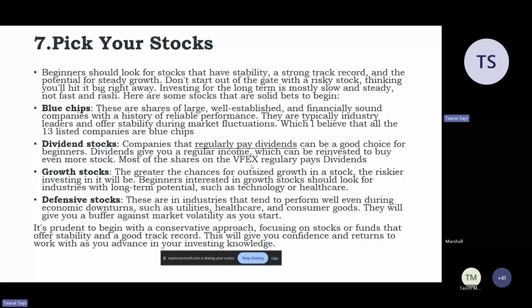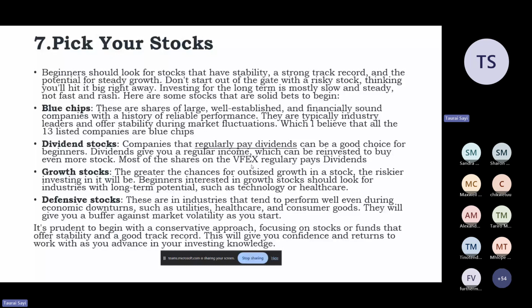That will give you a buffer against market volatility as you start. It is prudent to begin with a conservative approach, focusing on stocks or funds that offer stability and a good track record. This will give you confidence and returns to work with.